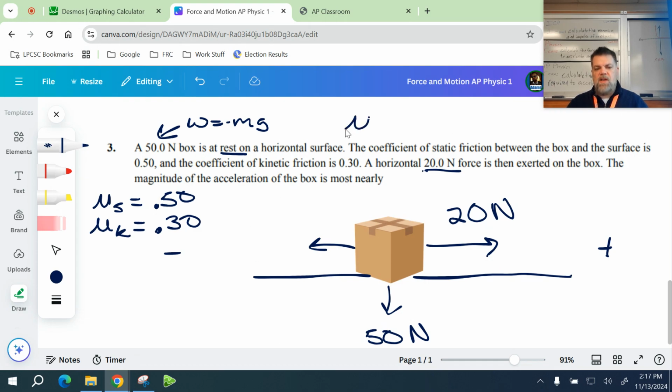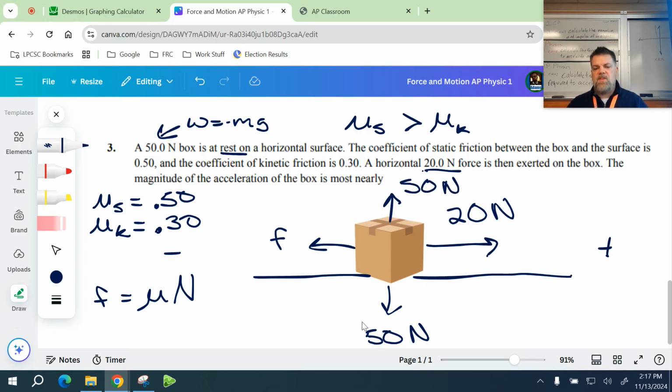And I should also point out that usually static friction is bigger than the kinetic, okay? So this represents some sort of frictional force. And remember, frictional force is mu times the normal force. So what's the normal force? Well, because this is a level surface, it should be 50 newtons.